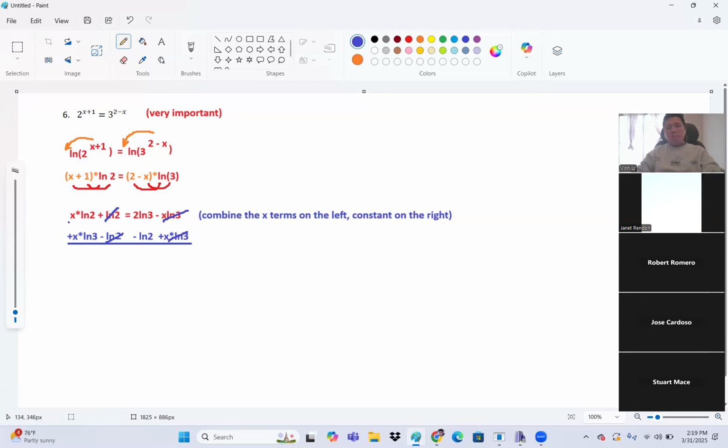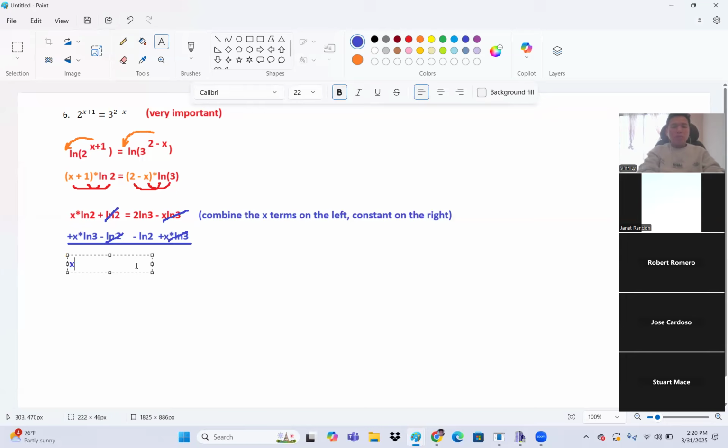And I'm gonna factor out the x. So we're gonna get x times ln 2 plus ln 3 equal to 2 ln 3 minus ln 2. And finally, you're going to divide both sides by ln 2 plus ln 3. You finish.